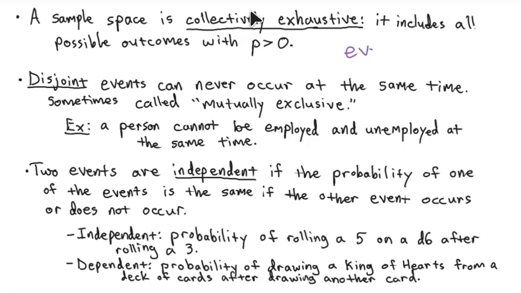If we just put even in the sample space, this doesn't include the possibility of odd numbers, so we have to include both even and odd. If we want to know what number we're going to get, the sample space includes all of the numbers, 1, 2, 3, 4, 5, and 6. But if we just said 1, 2, 3, 4, and 5, it's missing one of the possible outcomes. So in order to be collectively exhaustive, it has to have all of the numbers included.